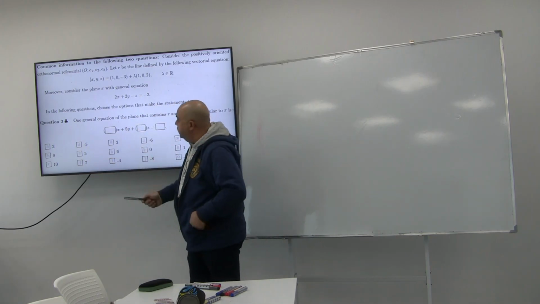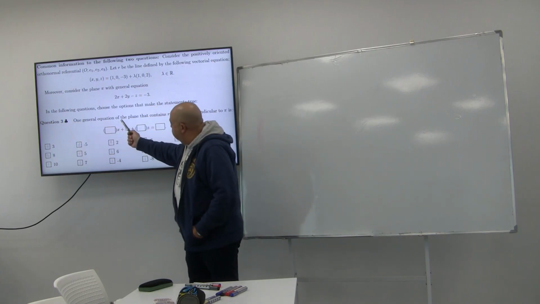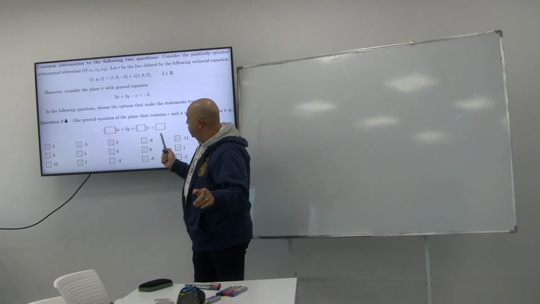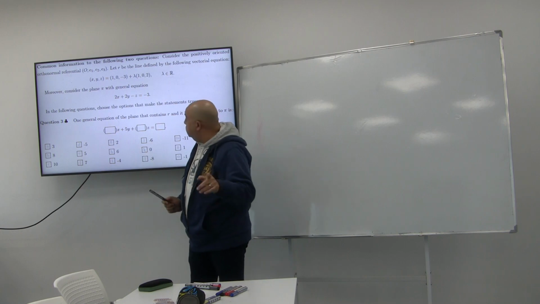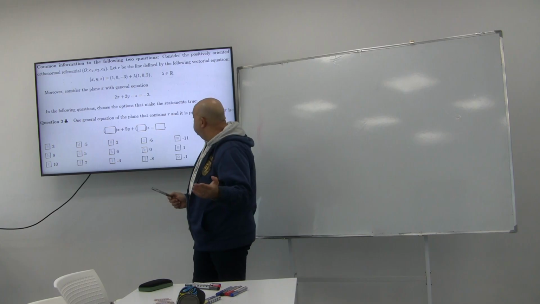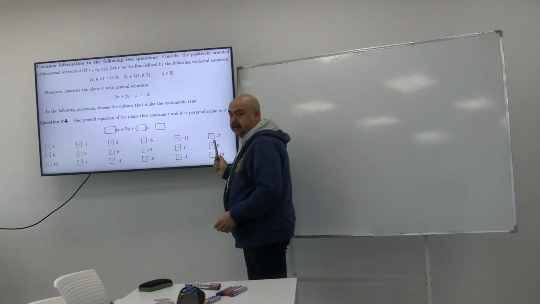It's required to find... okay, let's do it once more. One general equation of a plane that contains R. So now you know the plane that you are searching for contains a straight line R. Think, how are you going to benefit from this? And it is perpendicular to the plane bar.